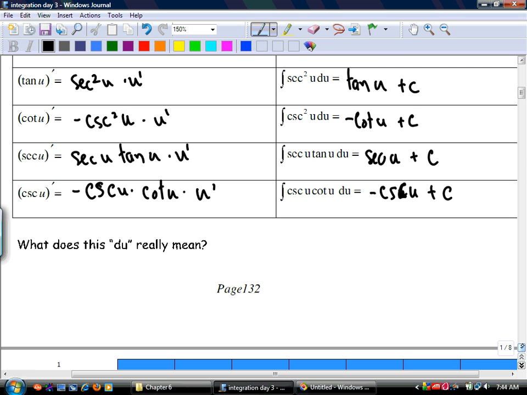What does the du really mean? You guys talked about that on Friday with Mr. Howell. Didn't it have to do with changing of variables to make the antiderivative easier?